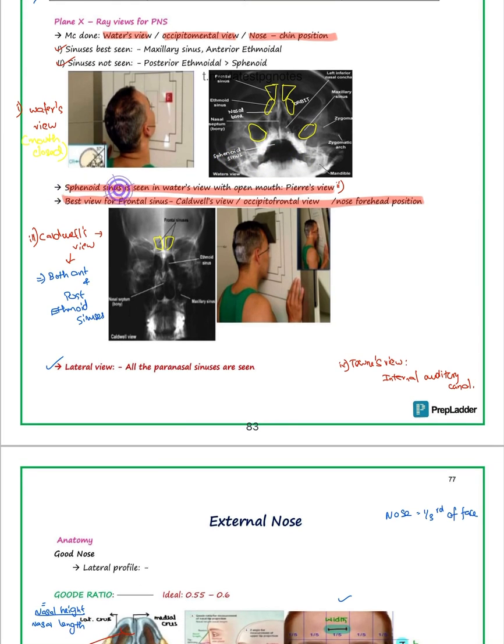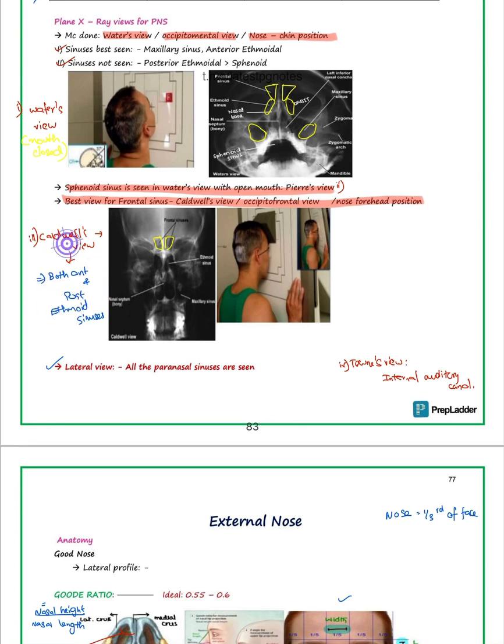Then if you want to see the sphenoid sinus, you need to go for the view known as Pierre's view. It is the same position, but we should open the mouth, so the sphenoid sinuses can be projected very clearly. Then if you want to see the frontal sinus, the best way is Caldwell's view. That is, the nose and forehead should touch the plate.